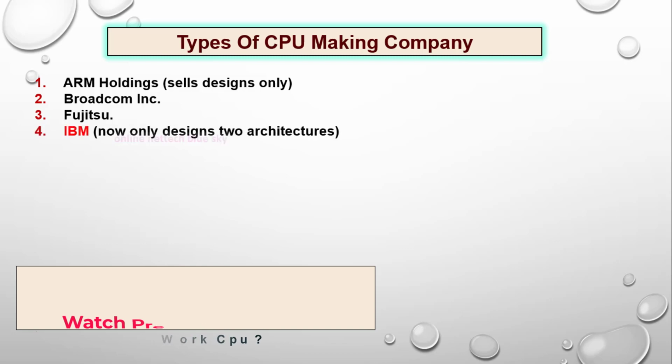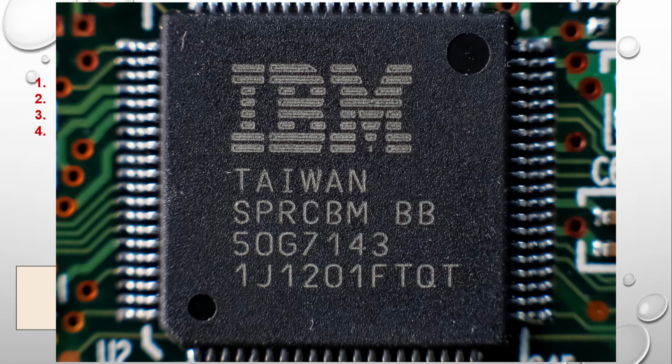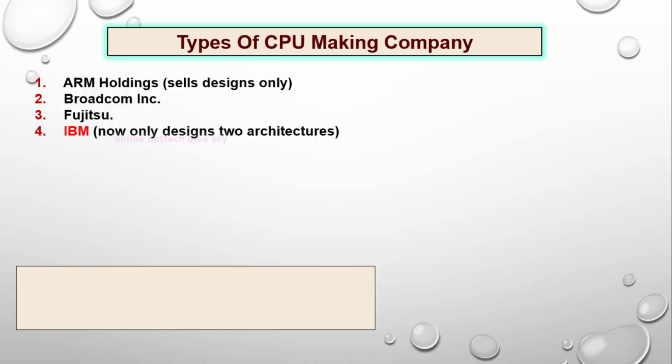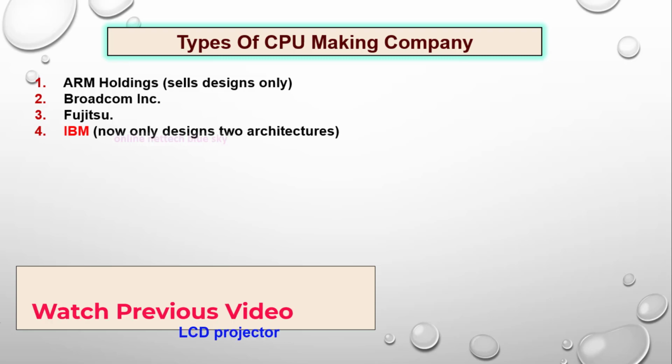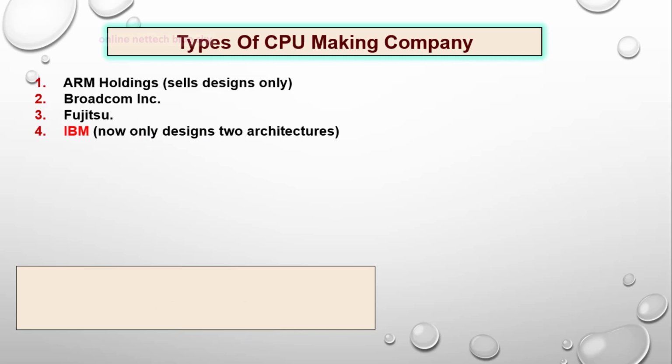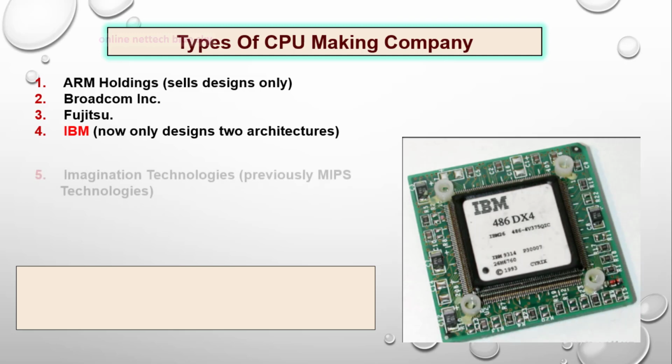Fourth, you already know about the IBM company. IBM is very important, and it created 40 to 70% of computer designs, very good designs created by IBM. But now it only does design, mainly CPUs and motherboards.